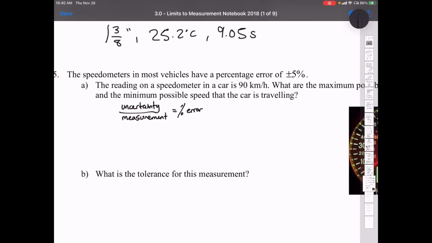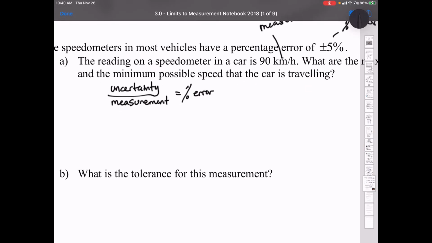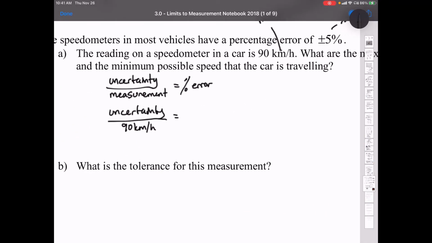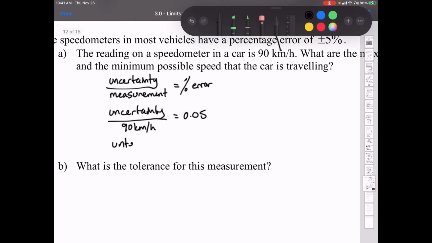We can substitute what we know. This is our percent error, and this right here is our measurement. So we can figure out what our uncertainty is, which will help us figure out the minimum possible using our tolerance interval. Uncertainty divided by the measurement of 90 kilometers per hour is equal to our percentage error, which written as a decimal is 0.05.